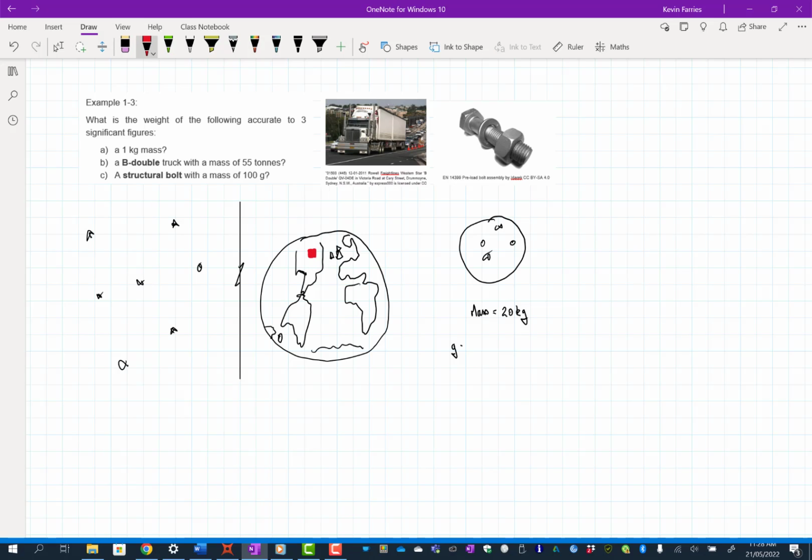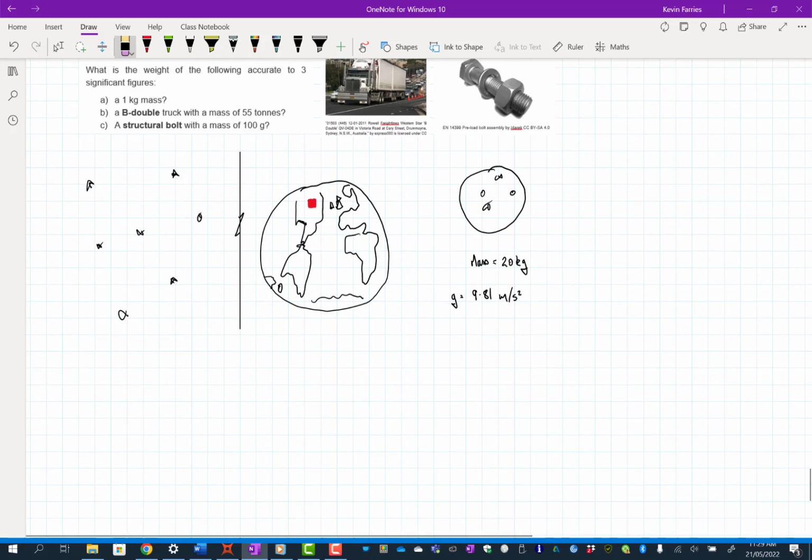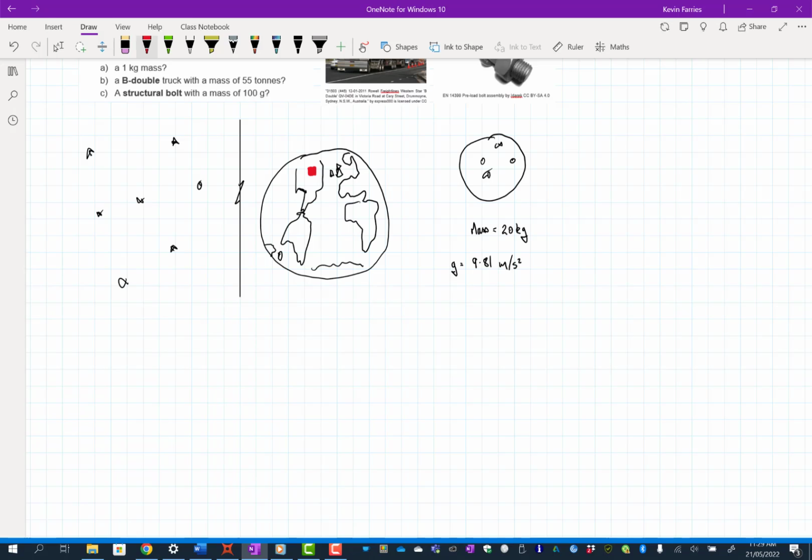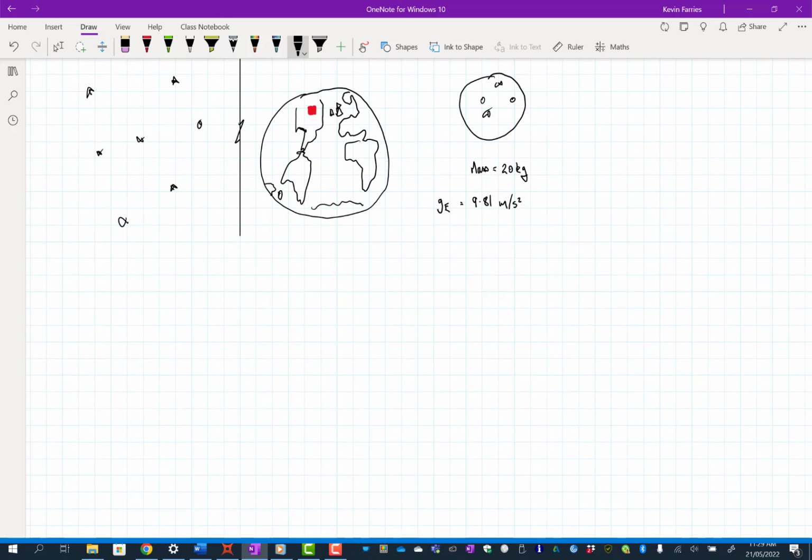So gravity on the Earth is 9.81 meters per second squared. You can also write that as meters times second to the minus 2, but I'll just use meters per second squared. Let's call that g_E, because we're going to be talking about the gravity on the moon in a minute, so g_E is equal to 9.81 meters per second squared.